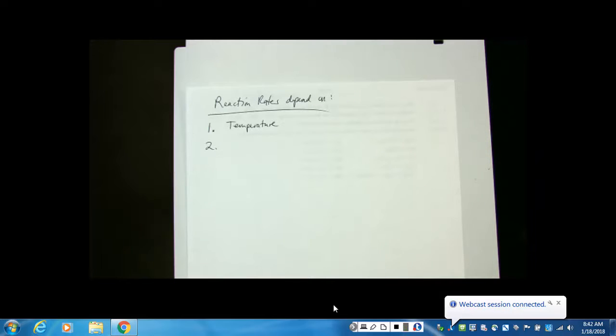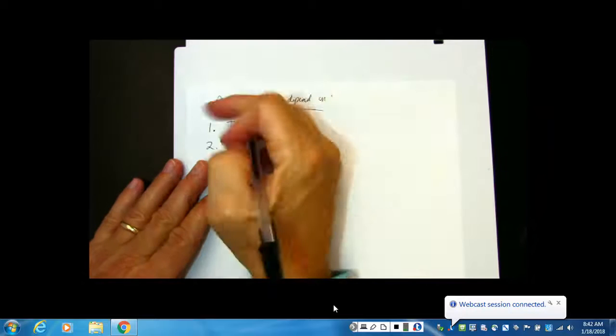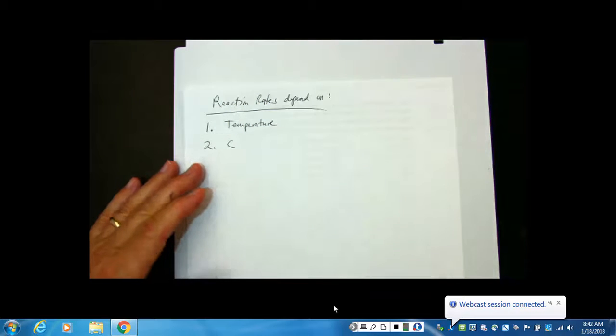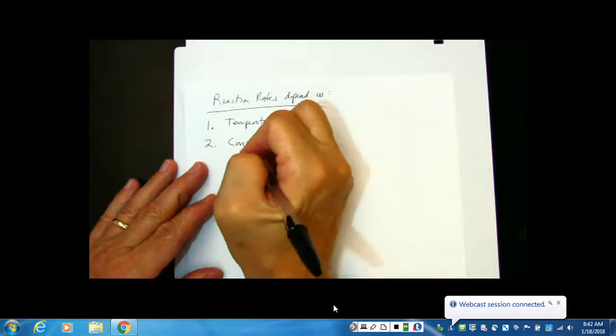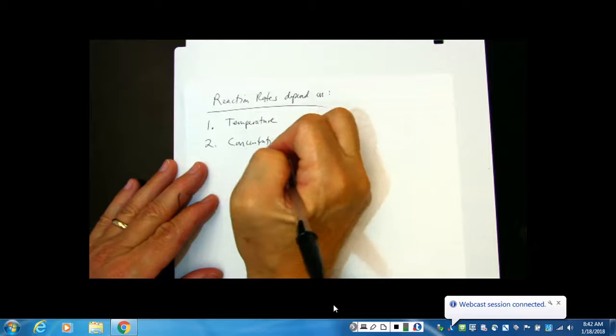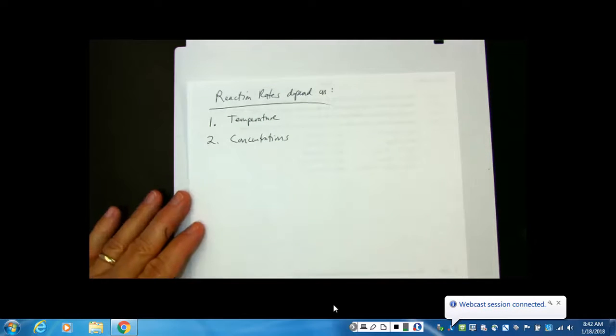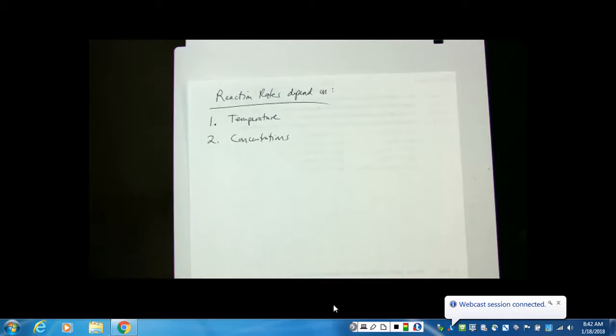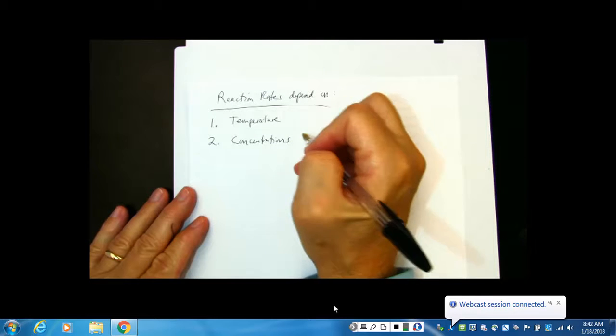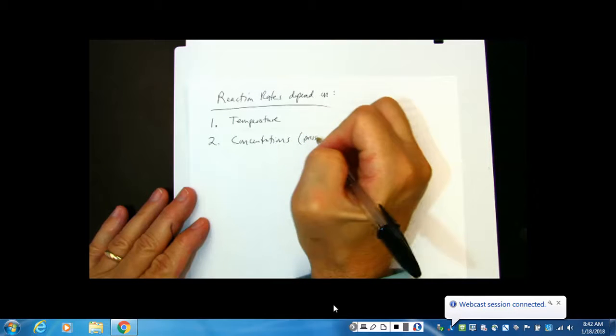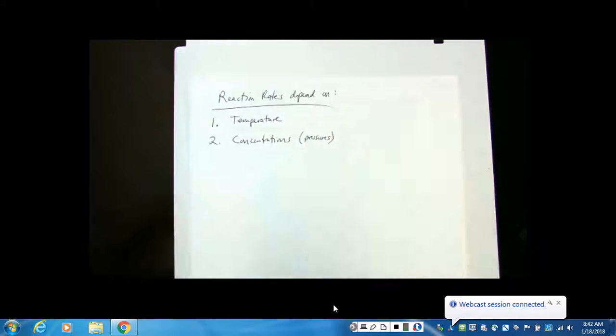Yeah, Mr. Post? Concentrations. Yes. If you had gone a little further with that, it might have been close to the stoichiometry type thing. But yes, concentrations, or if it's gases, then pressures for a gas phase reaction. Because at constant volume, what happens to the concentration if you increase the pressure of a gas?